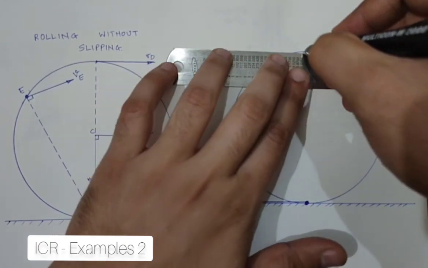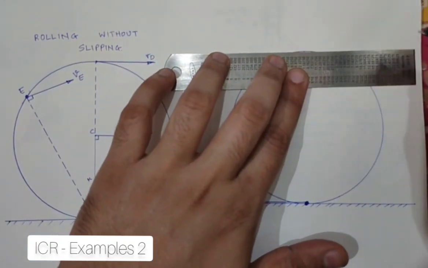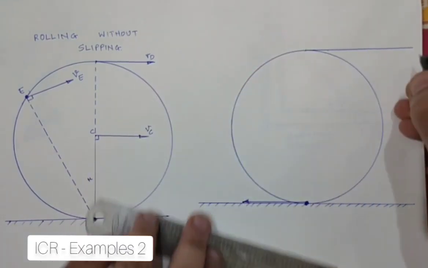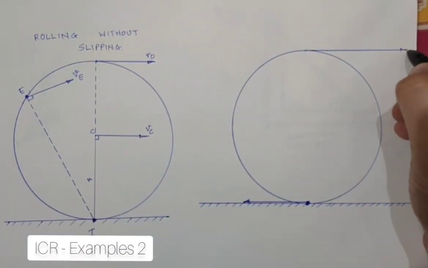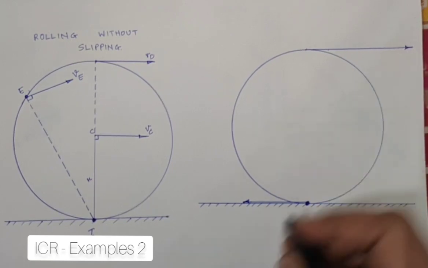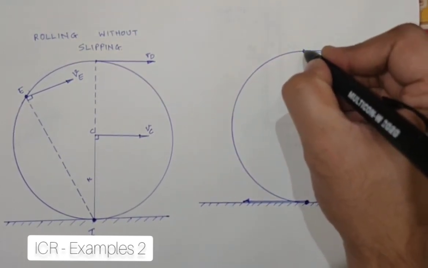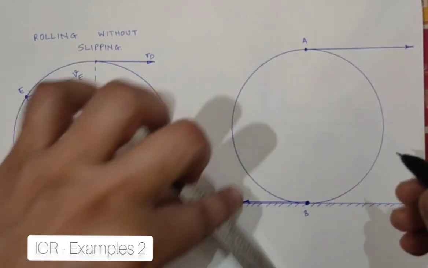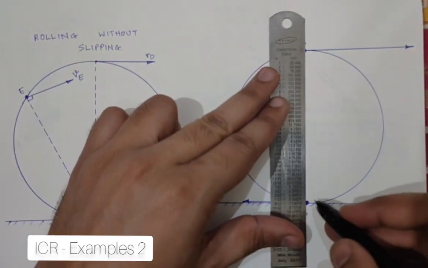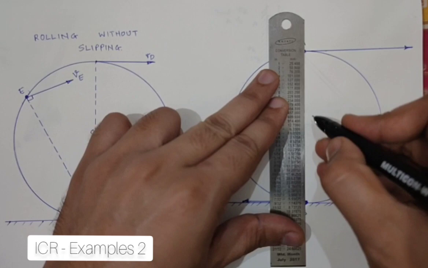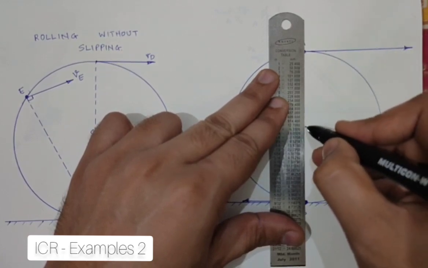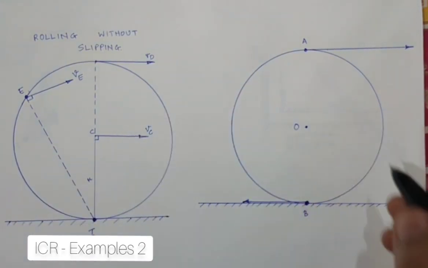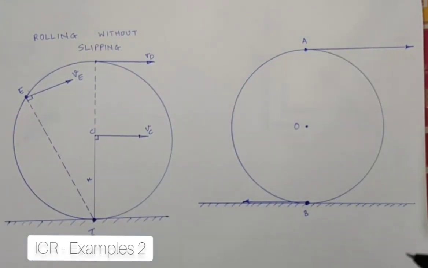So I will draw the velocity of this point a little bigger. Let me name these points A and B. Over here, one thing you have to note is that even the center is moving, with respect to A and B.